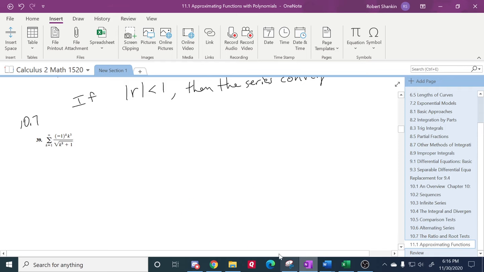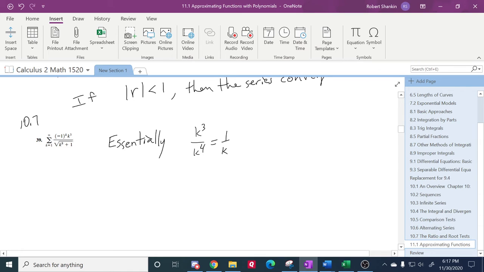Right, so we look at this one, and what I notice is that if this plus 1 was not there, and that plus 1 makes very little difference as k gets really, really big, this is essentially k cubed over k to the 4th, which is 1 over k, and it's alternating.